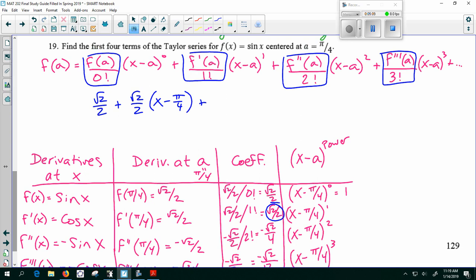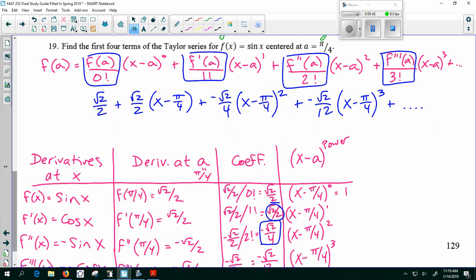F double prime of a over 2 factorial, that is this value, negative root 2 over 4, times x minus a, oops, a is pi over 4, x minus pi over 4 squared, plus my last coefficient is negative root 2 over 12 times x minus pi over 4 cubed plus dot dot dot. So that's the first 4 terms of the Taylor series.